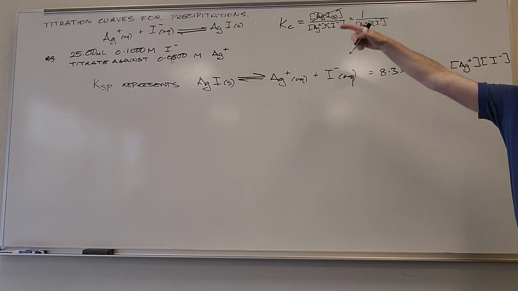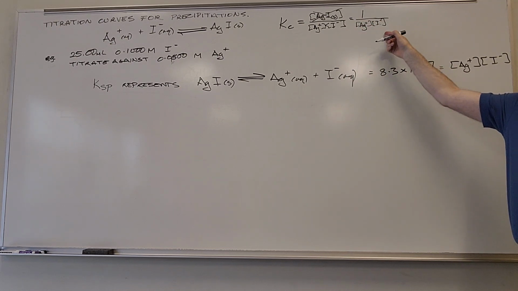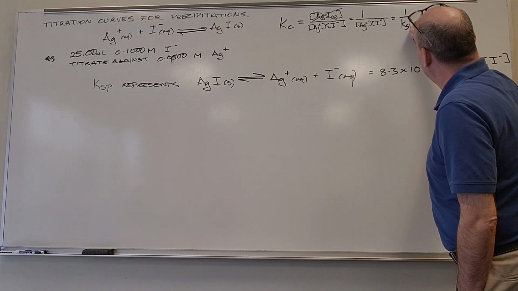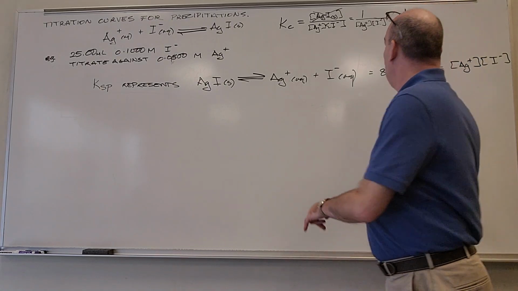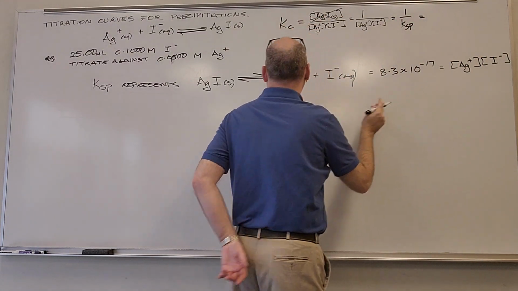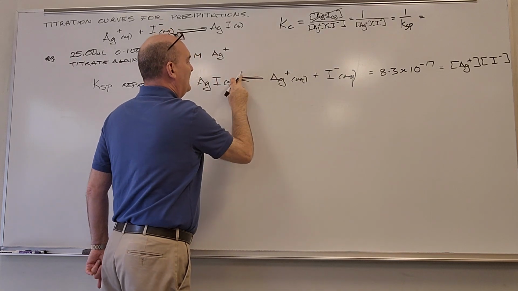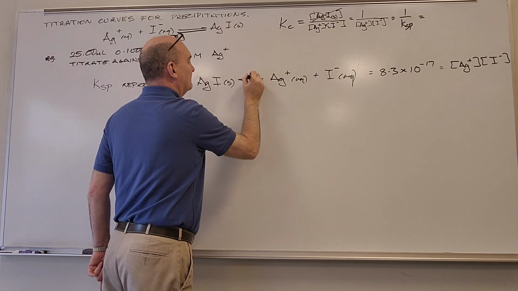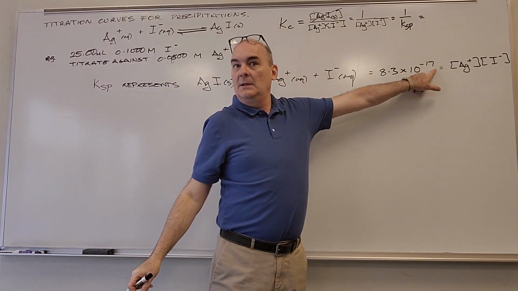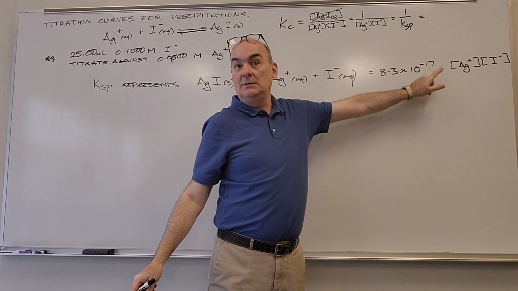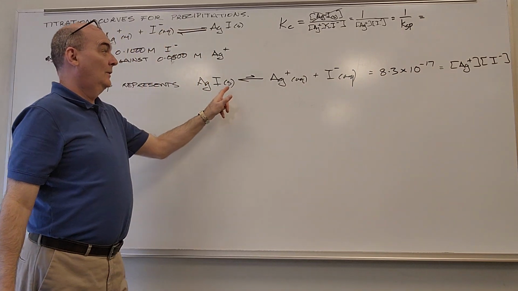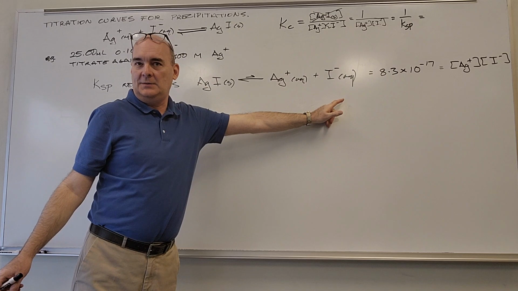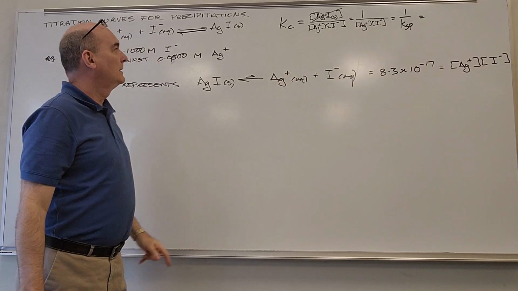This is the opposite direction, so this is 1 over KSP. KSP tells us this is very far to the left. 10 to the negative 17 tells me there's very little making it into the soluble ions.